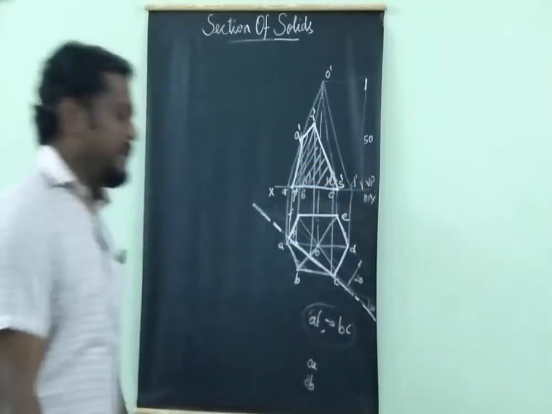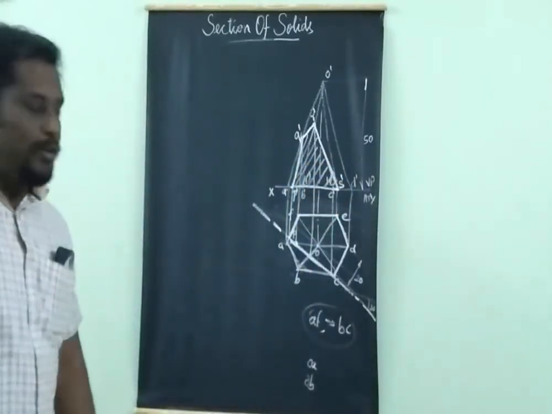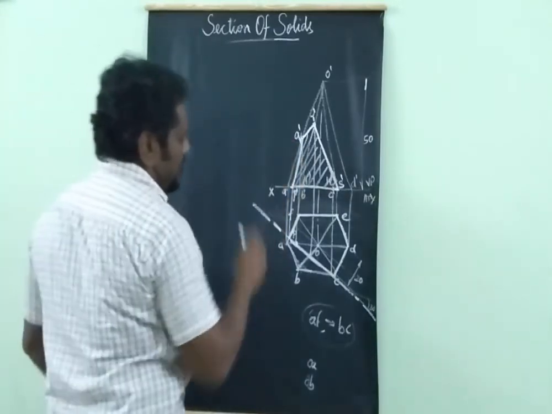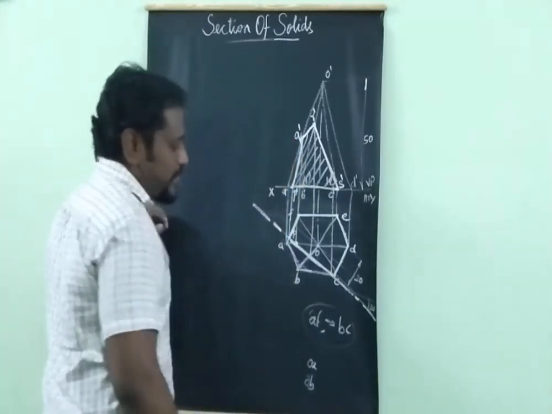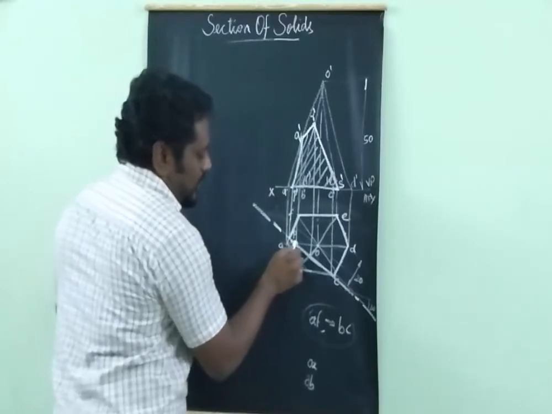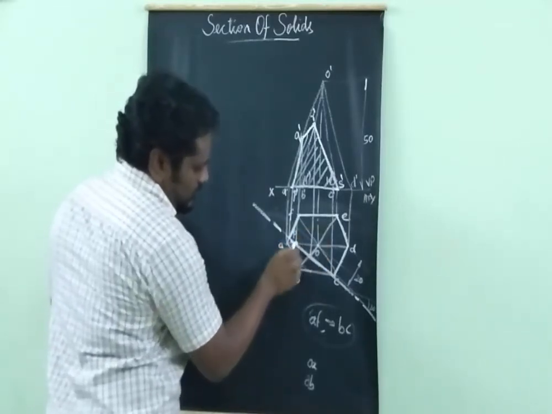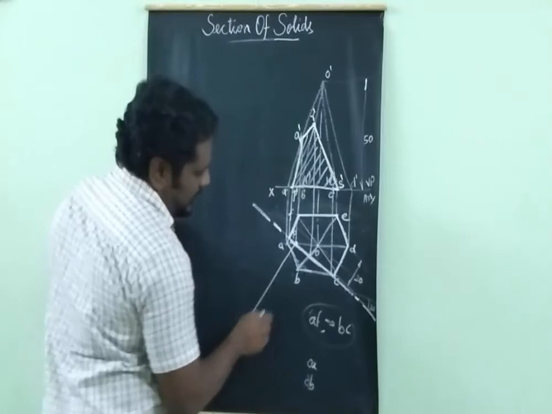Right. Next thing, you have to draw the true shape of this cut section. To draw the true shape, from all the cutting points, draw the perpendicular lines like this.